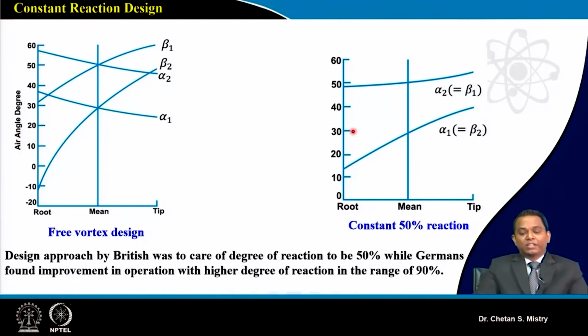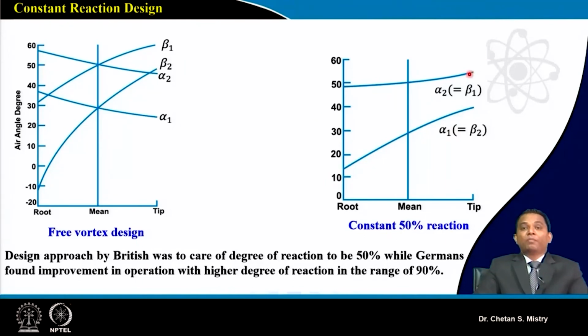Now looking at this, we have opted for the next option, that is called constant reaction design. So here this is representing how my angles will vary along my span for a 50% reaction design. Compared to this case, if we are designing the same configuration, my delta beta near the hub will be lower.